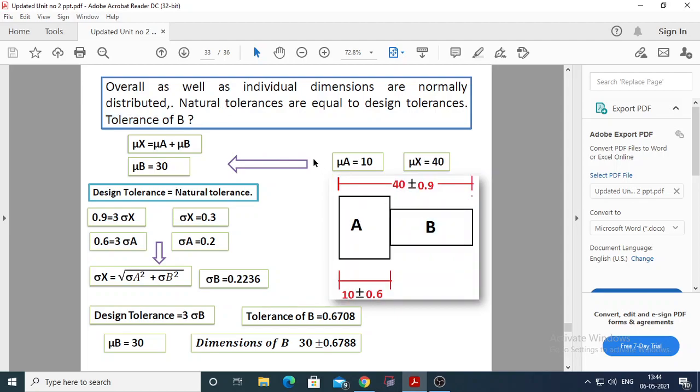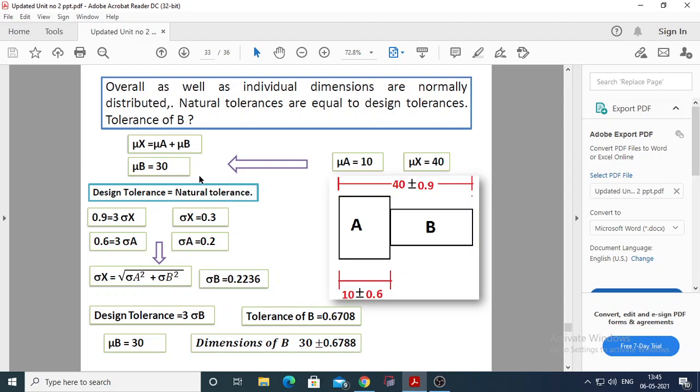We have seen in the previous numerical, if we are given three components or two components, how to calculate the mean of that component. Mu x is equal to mu A plus mu B. Mu A is 10, and mu B is equal to 30.